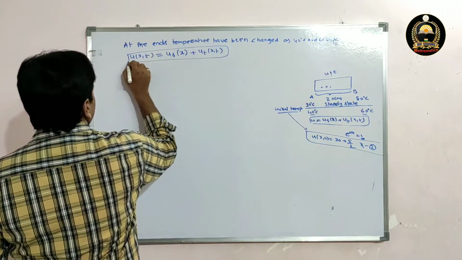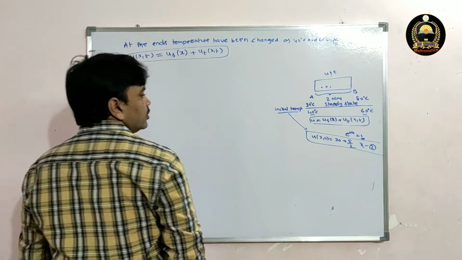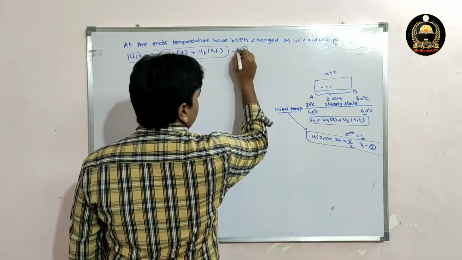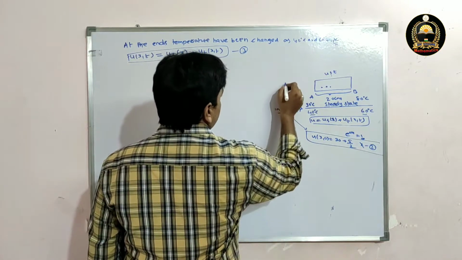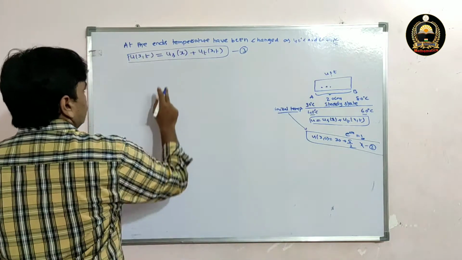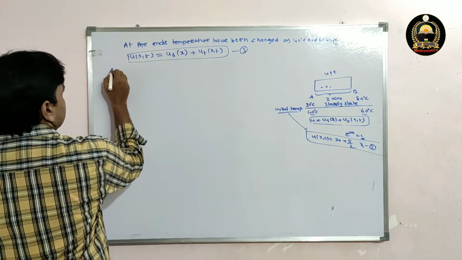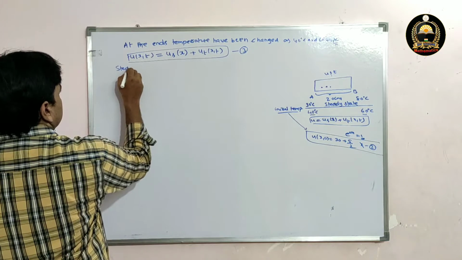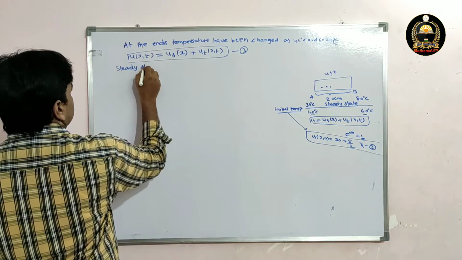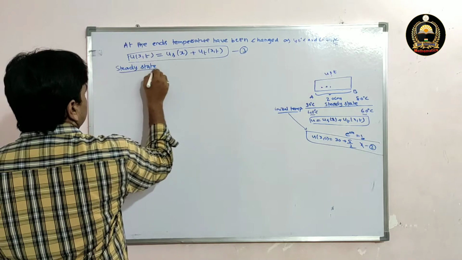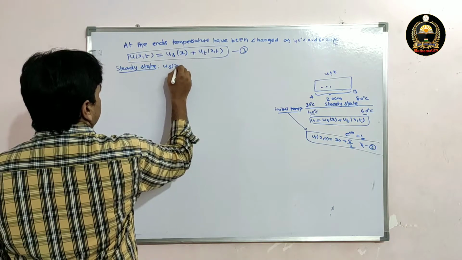It is enough to find the solution of u of x comma t. Say this is 3. Already we have 2, u of x comma 0, the initial temperature. Now I want to find the steady state us of x value.